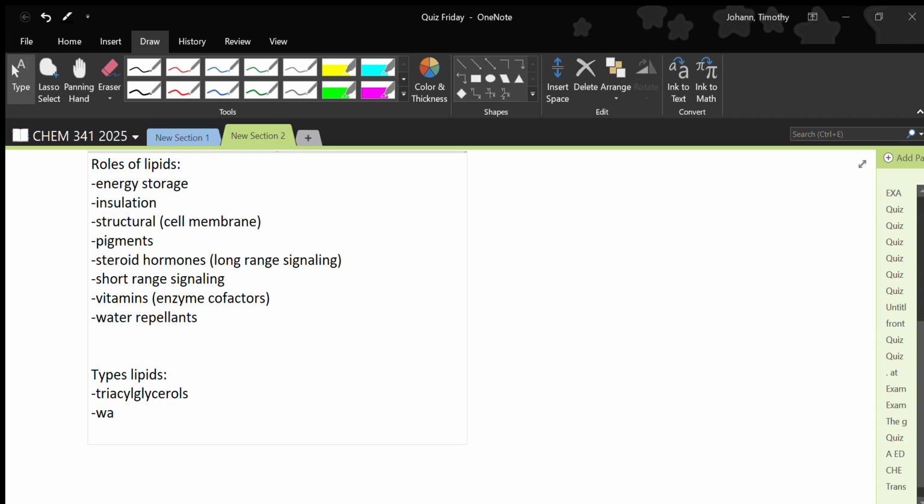We talk about waxes, like beeswax, which is a wax in this category. We can talk about sterols, which are long-range signal molecules. They're also structural in nature. We could talk about eicosanoids.